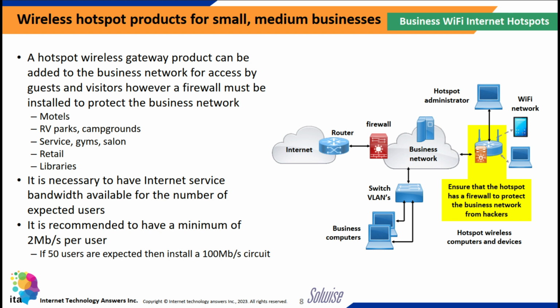It's very important that we have a firewall in this hotspot product, because if not, then anyone connecting to the wireless hotspot is going to be able to get access to the business computers behind the hotspot, and we don't want hackers getting into our system. And so the firewall is essential.